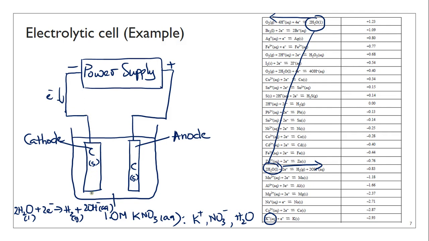The water, which is in the solution, is going to receive these electrons and get reduced, and you're going to see hydrogen gas being produced from this electrode. It's going to go up, and there are some hydroxide ions being released as well. If you have a pH indicator, you should be able to see a color change around this electrode.